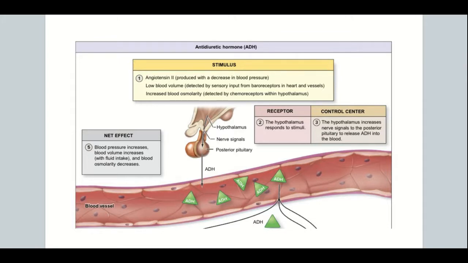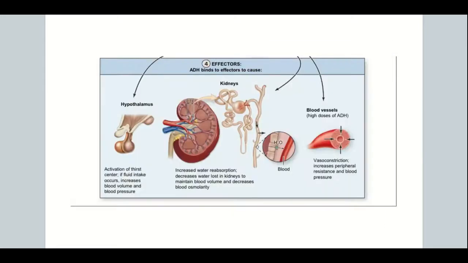More aquaporins means you're going to reabsorb more water back into your body, and less water will be found in urine. High doses of ADH can cause vasoconstriction, but under normal conditions you're not going to really see that. The major thing is the water reabsorption. It also activates the thirst center. So that's our antidiuretic hormone.